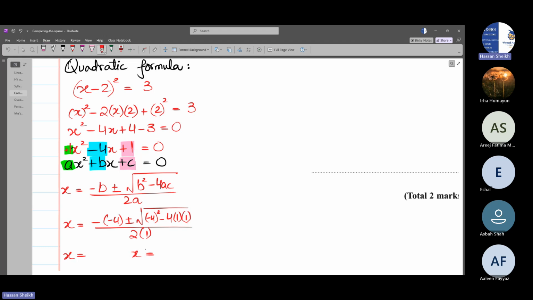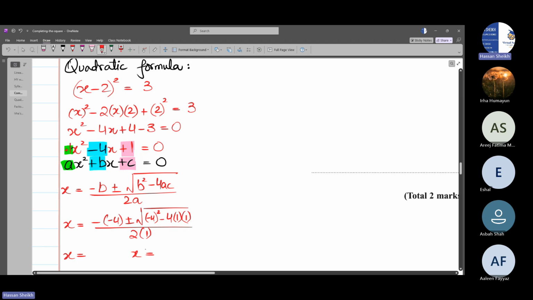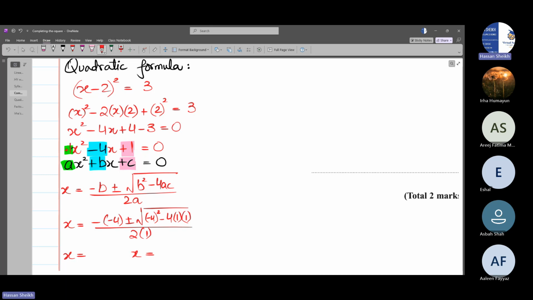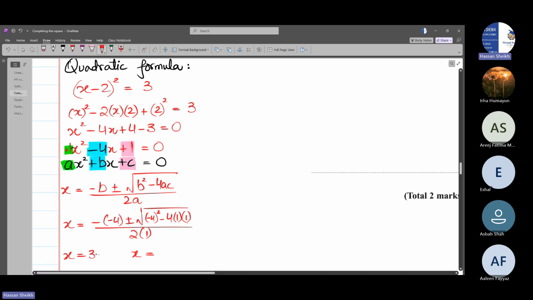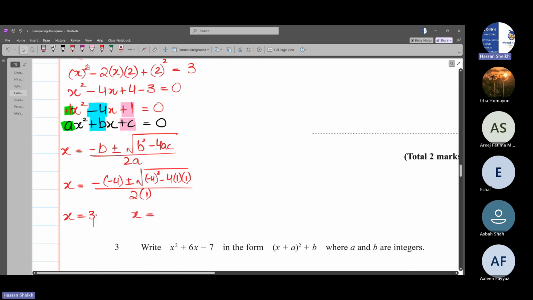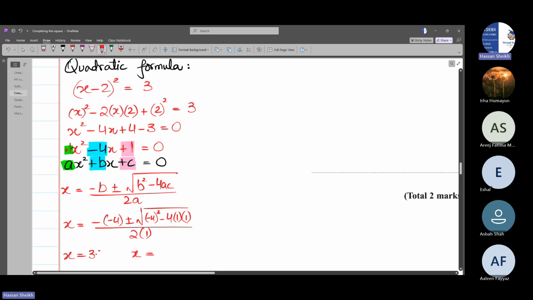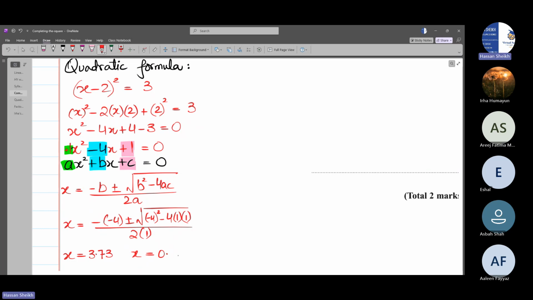I'm going to use my calculator, mode 5 3, and put a as 1, b as minus 4, c as plus 1. I'm getting the first value as 3.732, and we need to write the answer to three significant figures, so 3.73. And then the other answer is 0.2679, so 0.268.